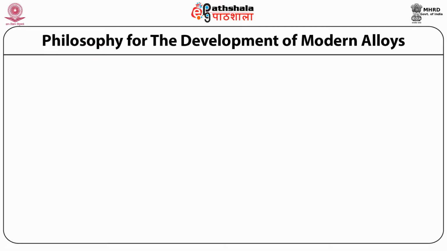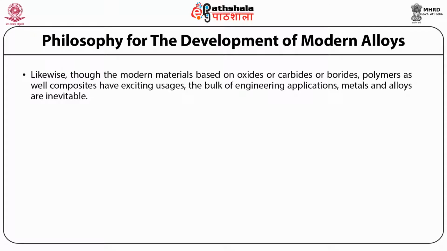Philosophy for the development of modern alloys. Likewise, though the modern materials based on oxides or carbides or borides, polymers, as well as composites, have exciting usages, in the bulk of engineering applications, metals and alloys are inevitable.